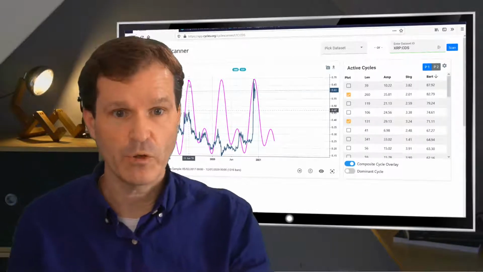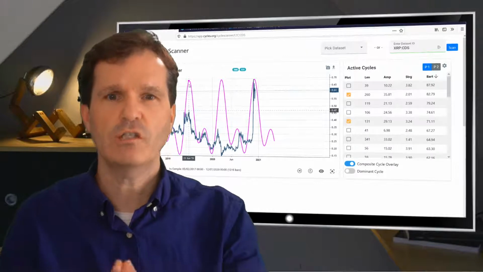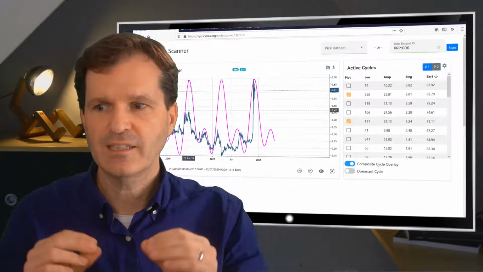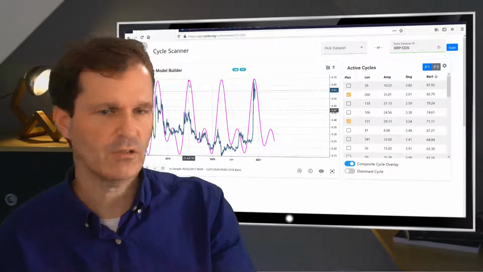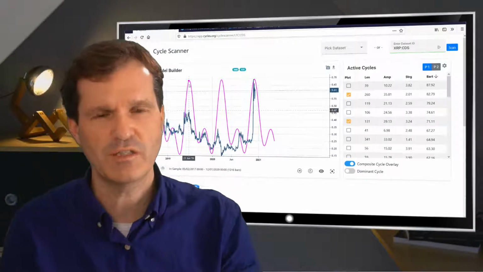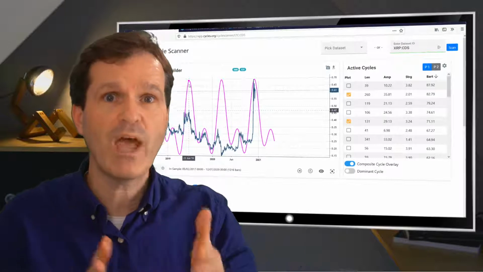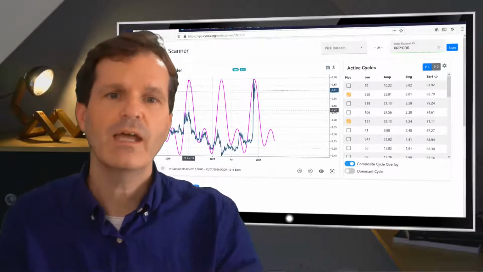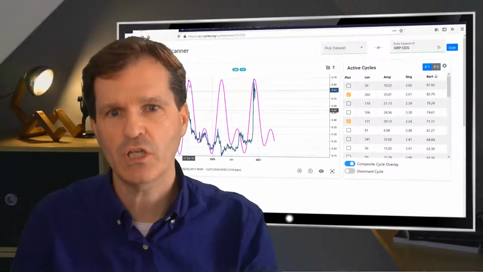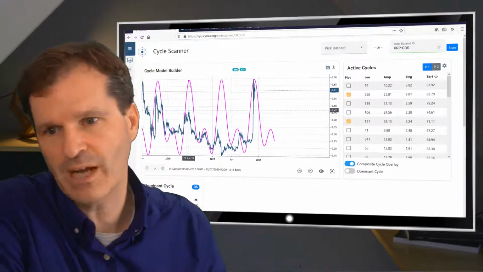The composite cycle gives you just information about the timing. So all the timing you see here from this composite is meant for reading where the next turn might come, and don't read it as an indication of how high or low the price might go.